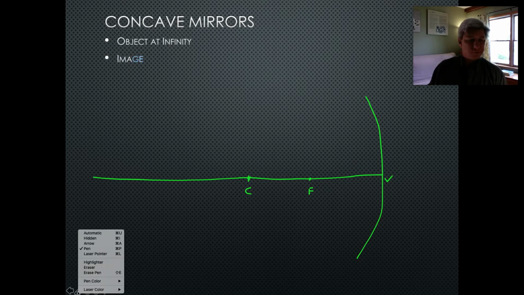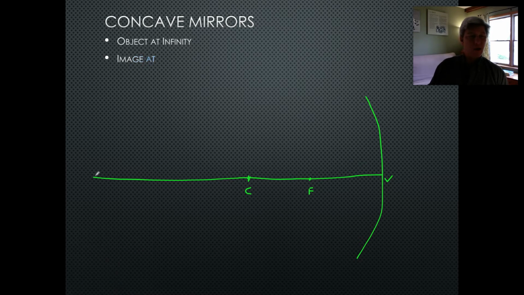Now, let's see. I'm now then going to draw an object at a location that I'm going to call infinity. Okay, this is way beyond C. This is the length of a football field away from the spoon that you're looking at, or whatever it happens to be.